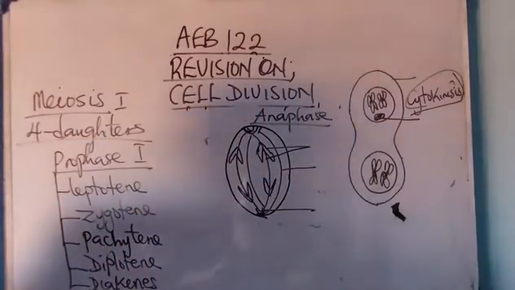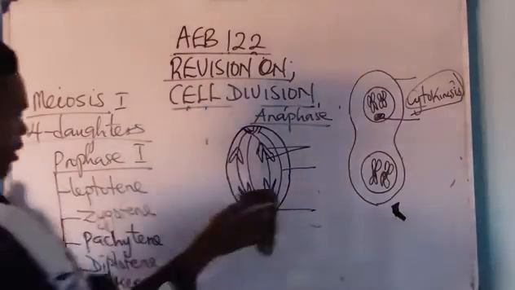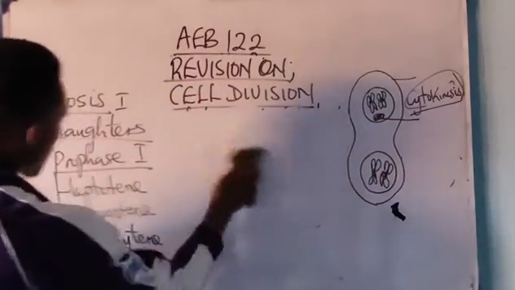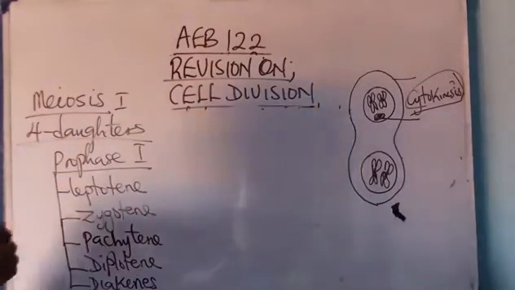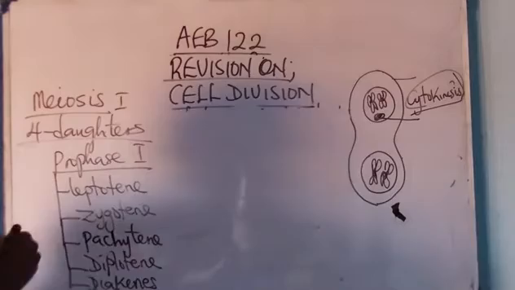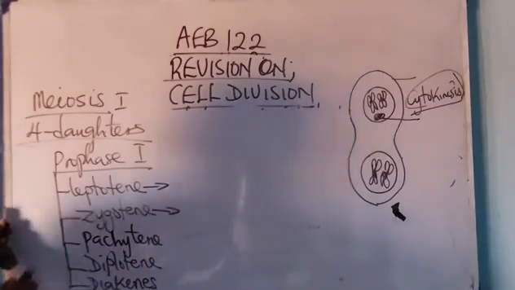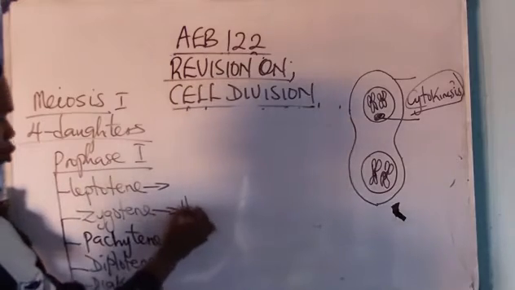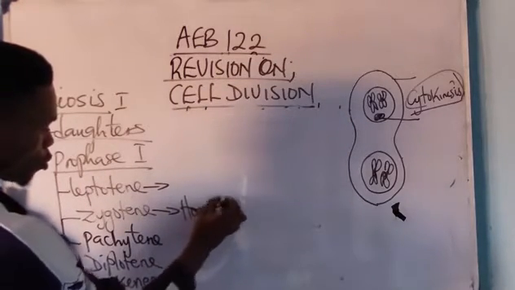Now, during the leptotene, what happens? The chromatin will condense and become shorter. Under this leptotene, the chromatin will condense and become shortened. Now, the zygotene, during zygotene, the homologous chromosomes will pair.